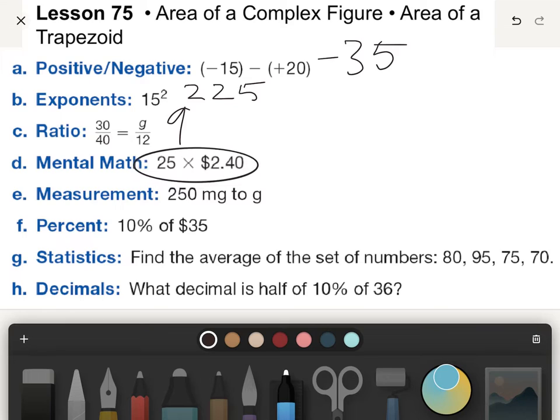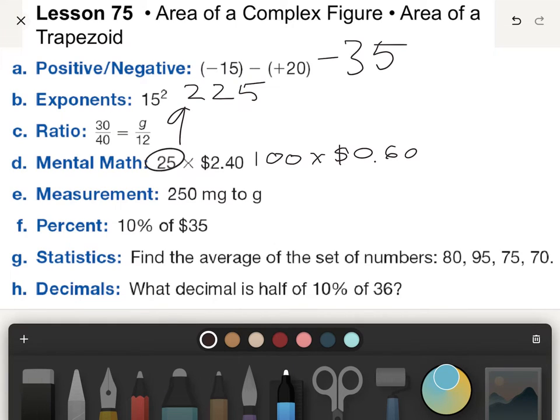If you're looking at this, wondering what to do, you can do even better than that. You can do times 4 divided by 4. It works, so you end up with 100 times something.